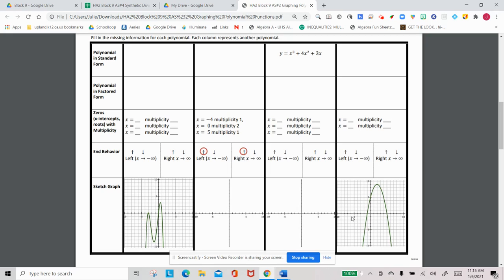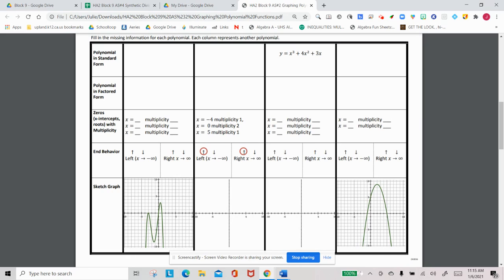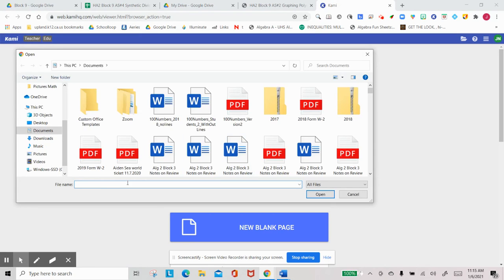If I start in the center and I go left, it's negative, and down, it's negative, then I know that this end behavior is negative, negative. Let me actually put this in, because I completely forgot about thinking about doing that.